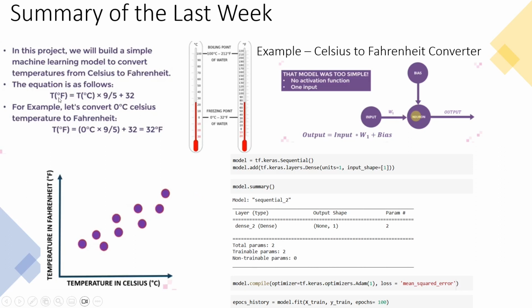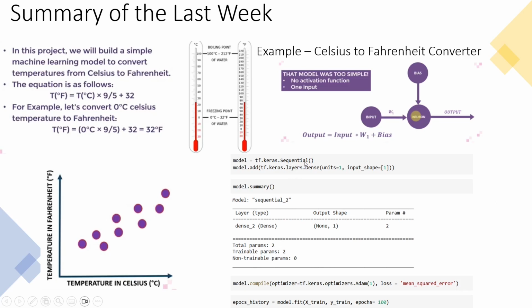If you remember from high school physics, this is the formula to convert Celsius to Fahrenheit. This is the equation of a line, a times x plus b, where x is the input. We are trying to get a and b, and we used a single neuron for that. And let's go through the TensorFlow code so that we can remember what we did.